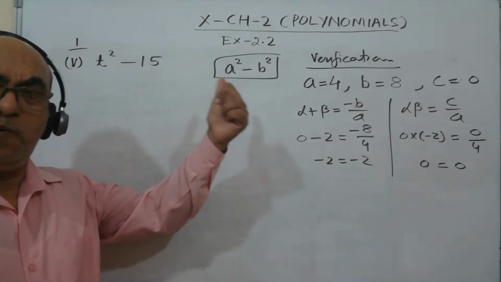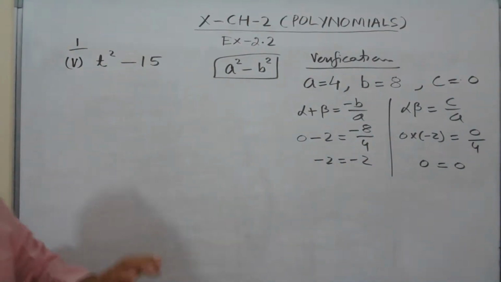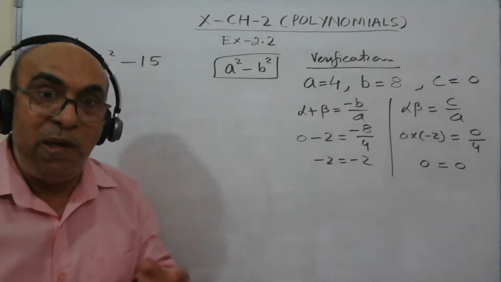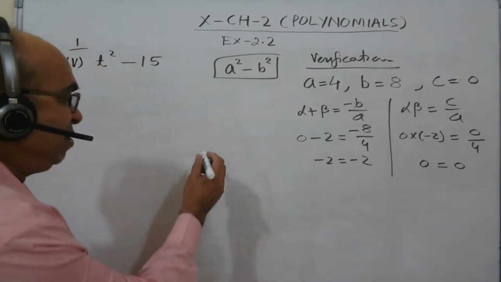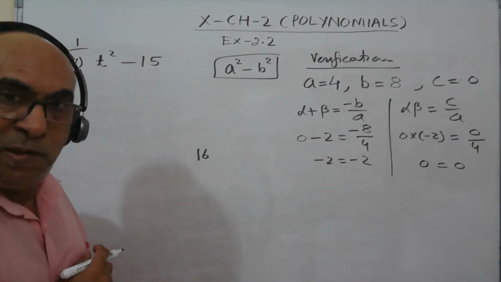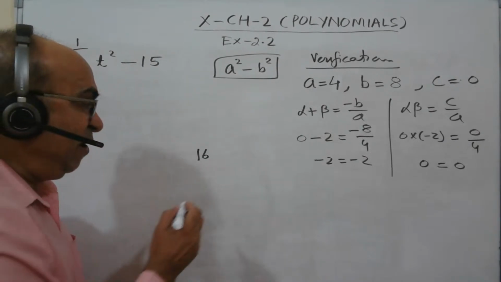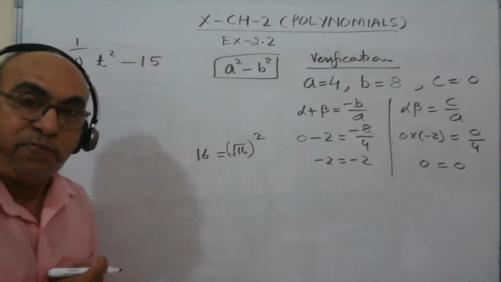To use a square minus b square, you have to write this number as a square of a number. And if you want to write a number as a square of any number, for example, if you want to write 16 as a square of any number, then you write square root 16 whole square.